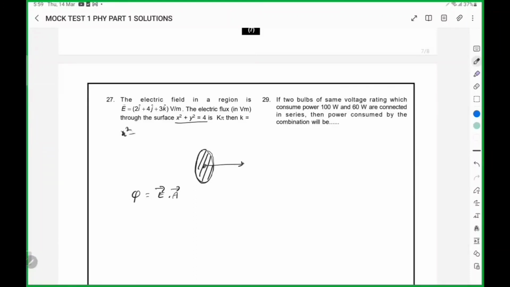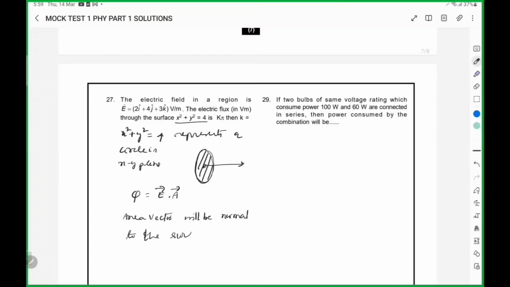This x square plus y square equal to 4 represents a circle in the xy plane. So the area vector will be normal to the surface. So that area vector is along k bar. k is a unit vector along the z-axis.